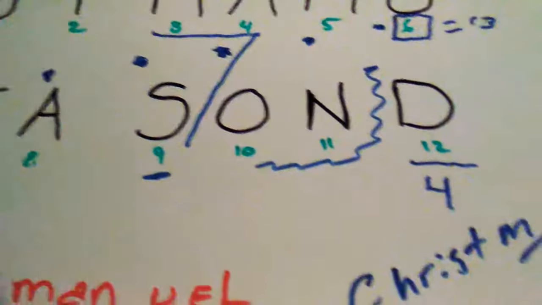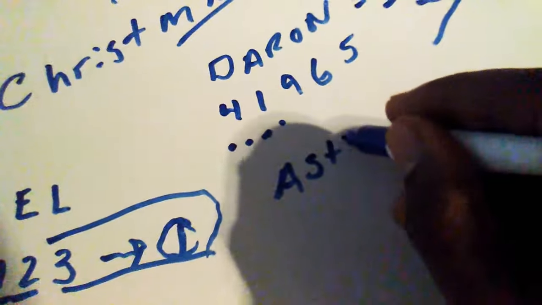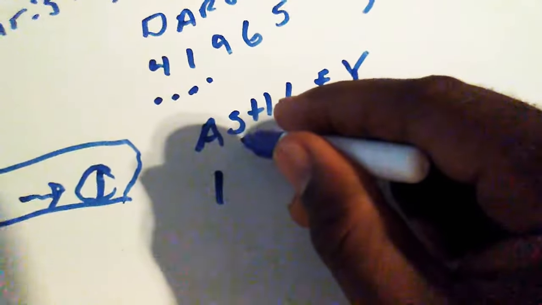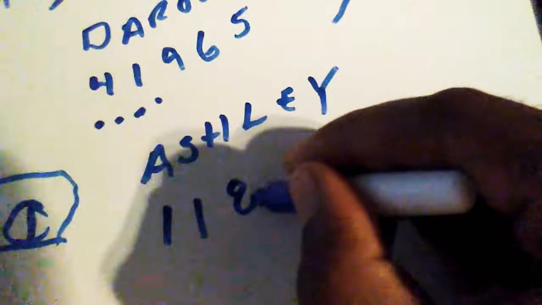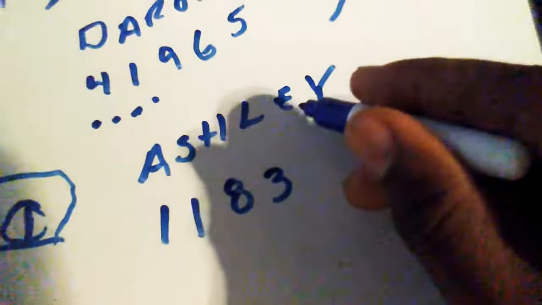That's 7. Well, what about the name Ashley? Would the same apply for Ashley? You see, A is 1, S is 19, and 1 and 9 is 10, within a cycle. H is 8. The L is 12, 1 plus 2 is 3. E is 5.